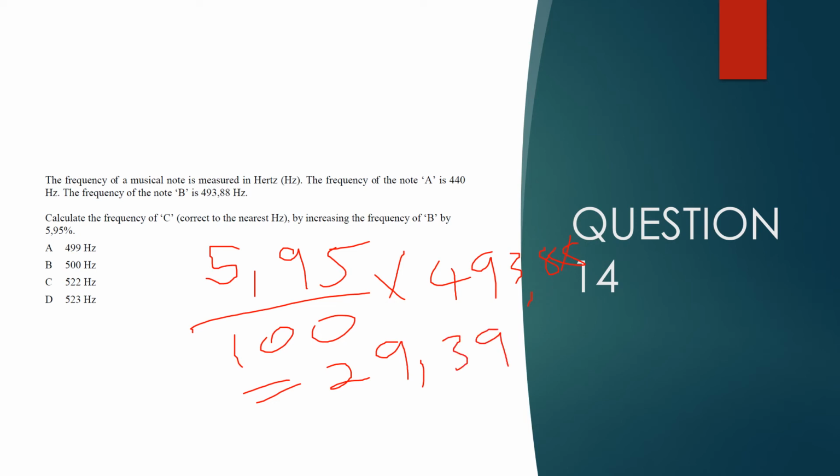So you take the 29.39 and then you add it to frequency B, 493.88, and then your answer will be 523. Okay, so our answer is option D.